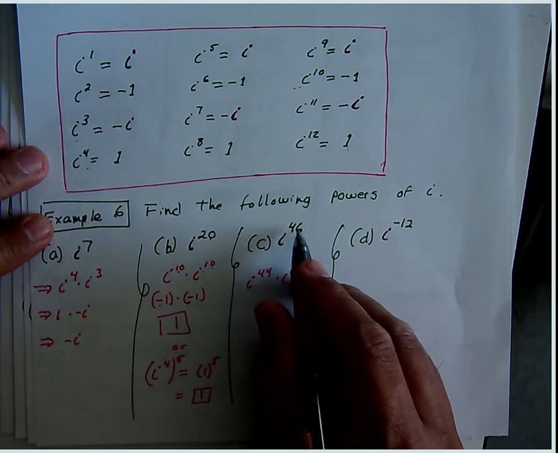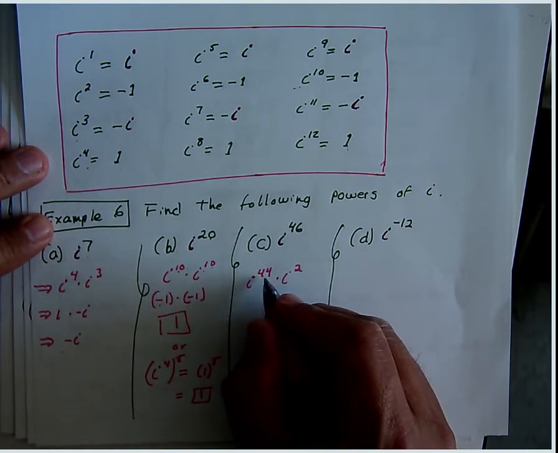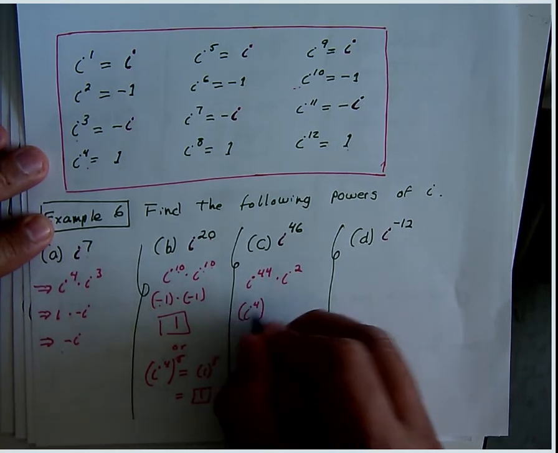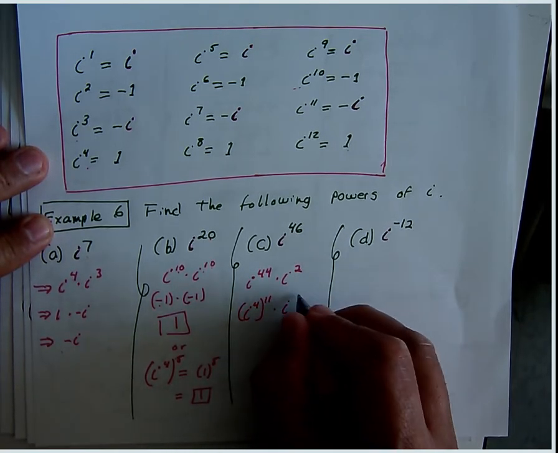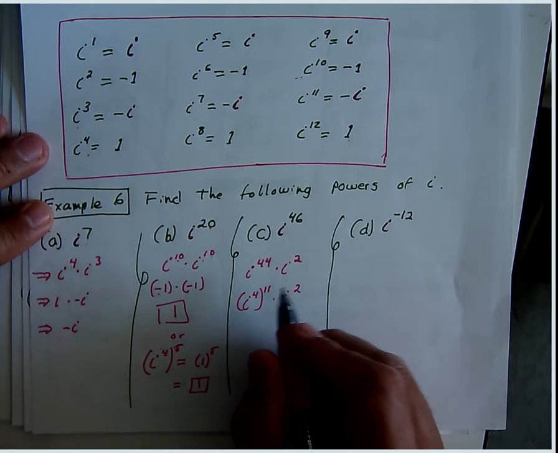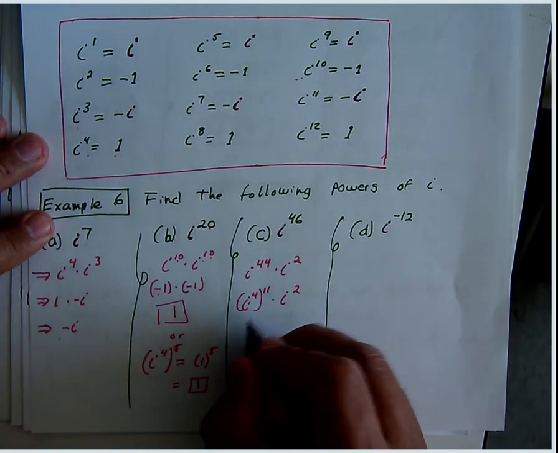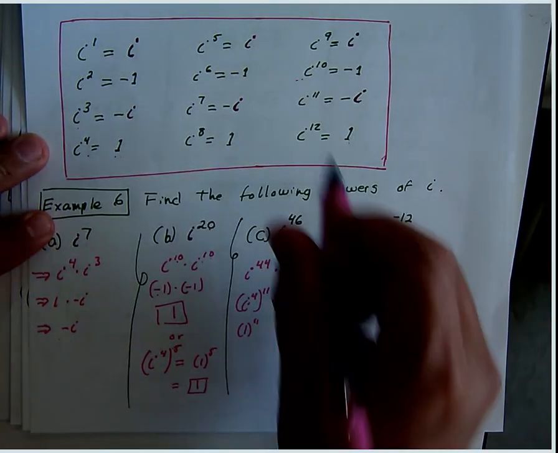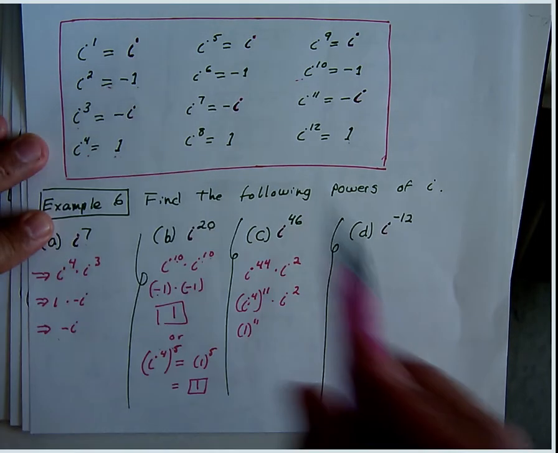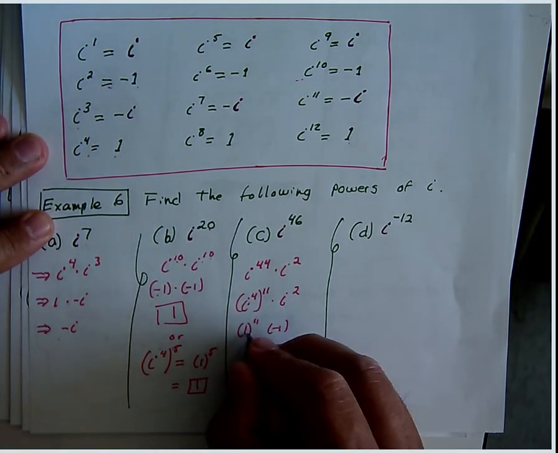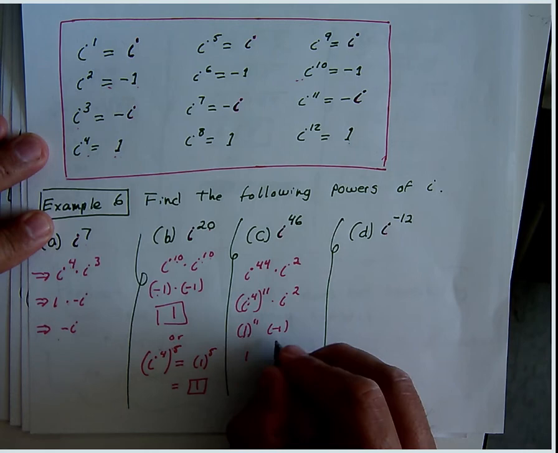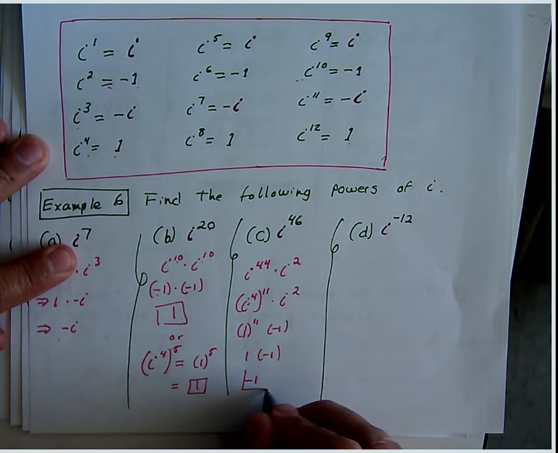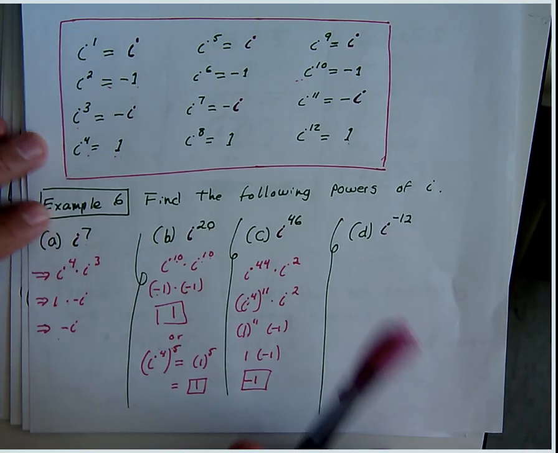So 44 plus 2 gives you 46. 44, you can break it down into i^4 raised to the 11 times i to the second power. So i^4, you know it's 1 raised to the 11, and you know i squared is the negative 1. So 1 to the 11 is just 1 times negative 1. This will give you negative 1. And I'm going to stop right there.